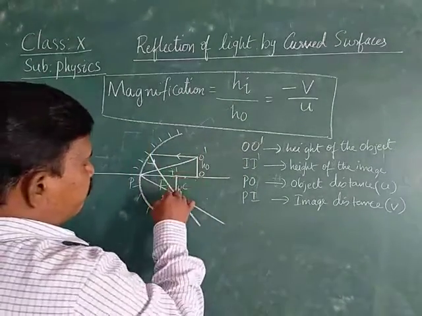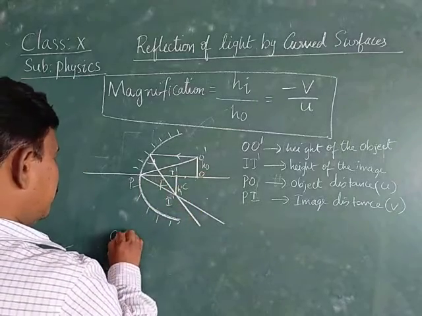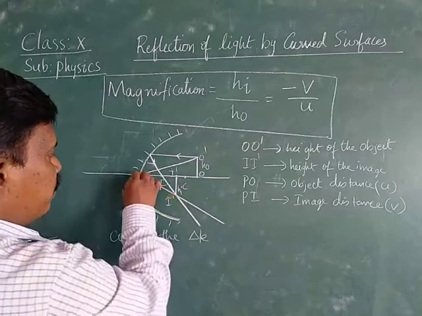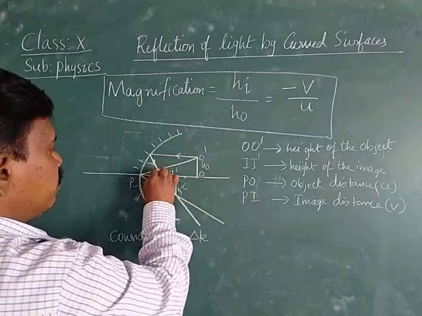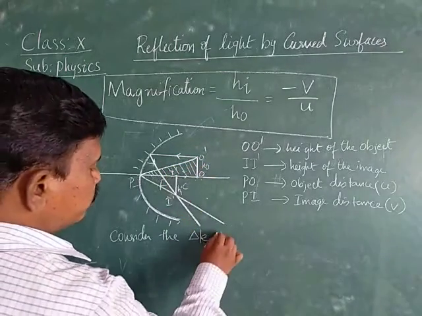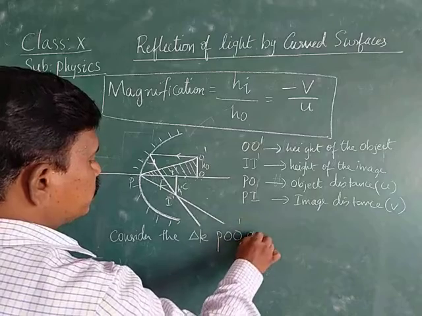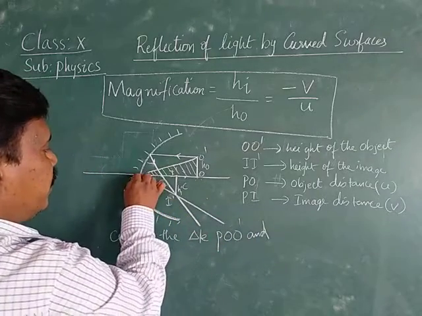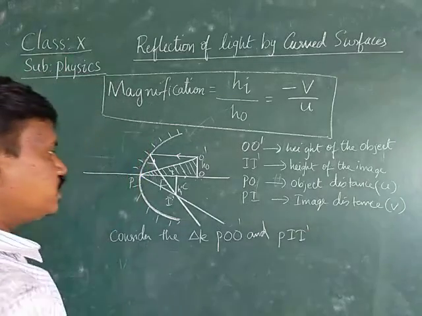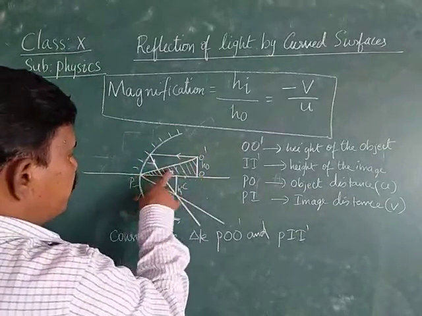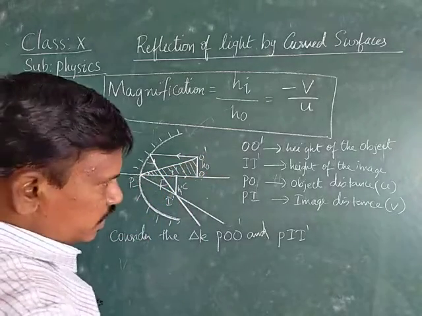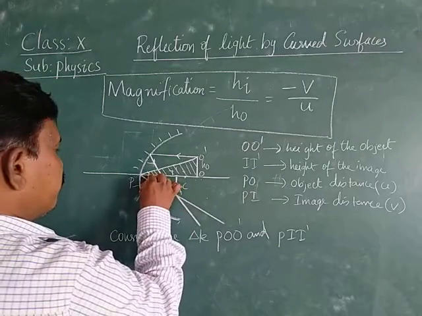Now look here. Consider the triangles POO dash and PII dash. As the light ray is incident on the pole, the angle of incidence is equal to the angle of reflection, theta.